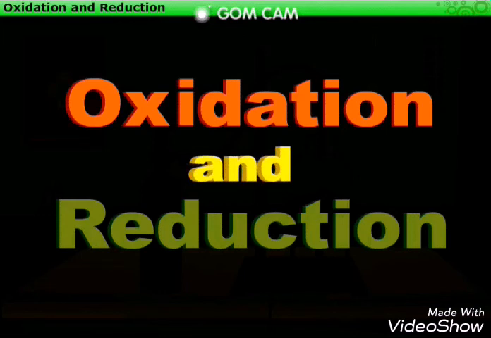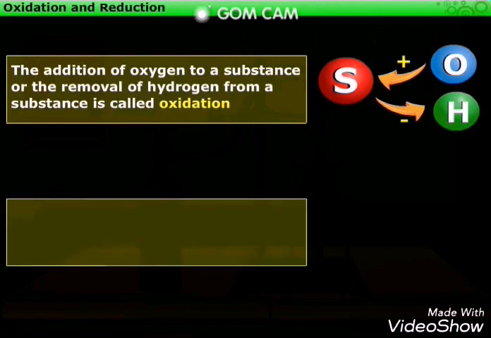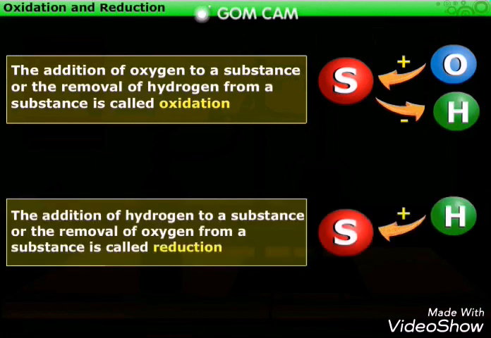Let us study oxidation and reduction. The addition of oxygen to a substance, or the removal of hydrogen from a substance, is called oxidation, whereas the addition of hydrogen to a substance, or the removal of oxygen from a substance, is called reduction.